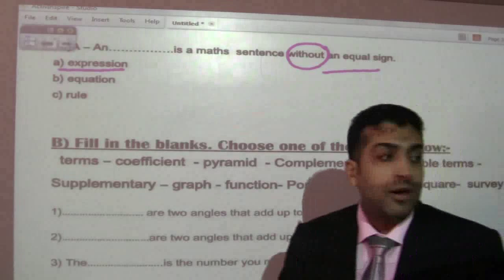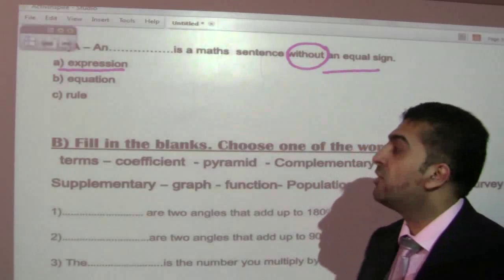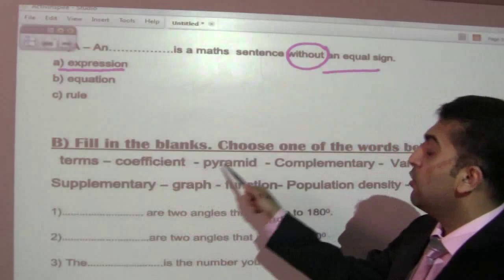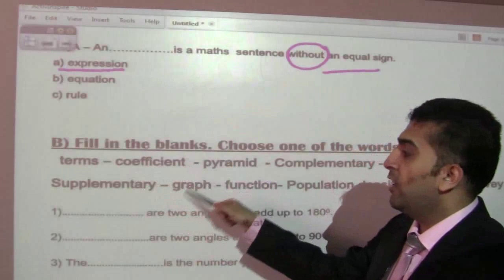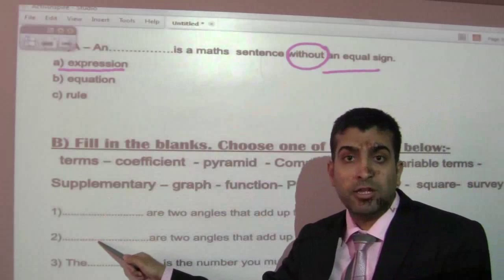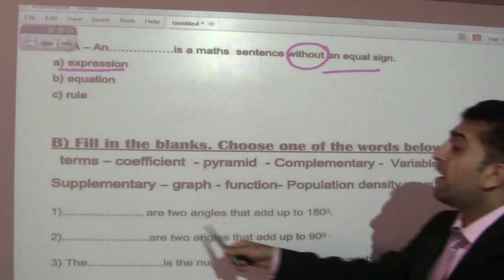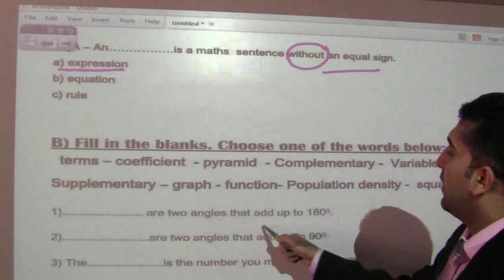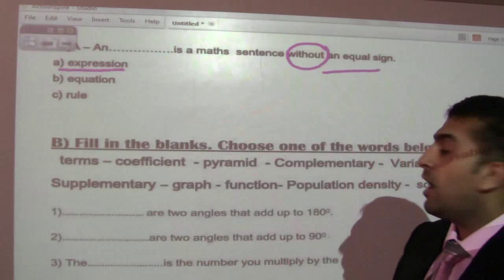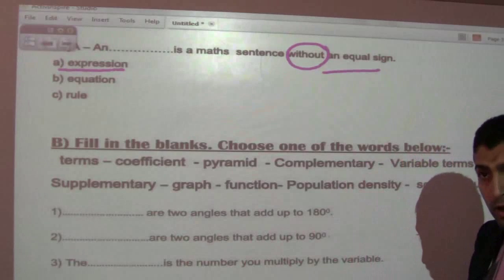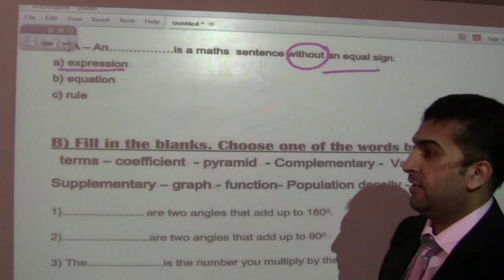Here we have another type of questions that fill in the blanks. Now we will choose one of the words to fill this word in the blanks. Question number 1. Space are 2 angles that add up to 180.